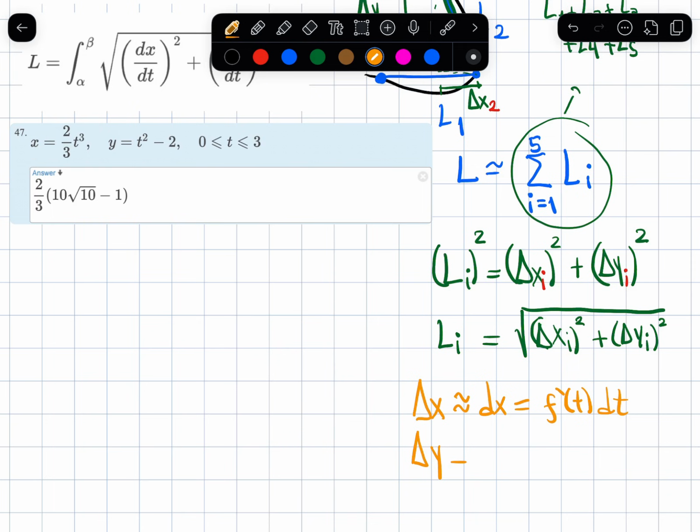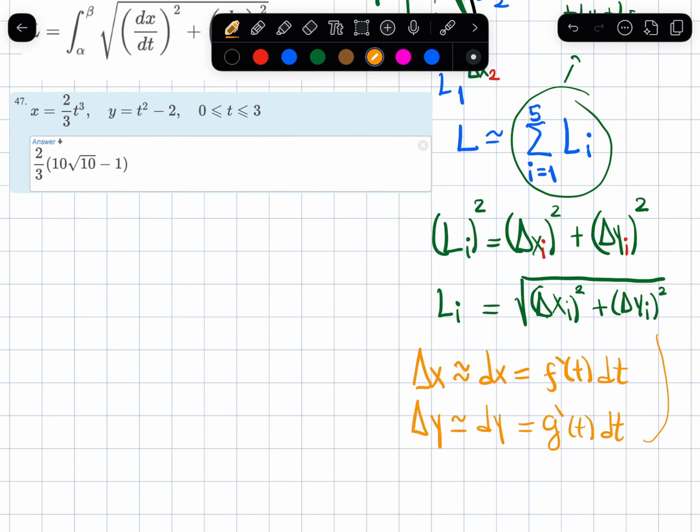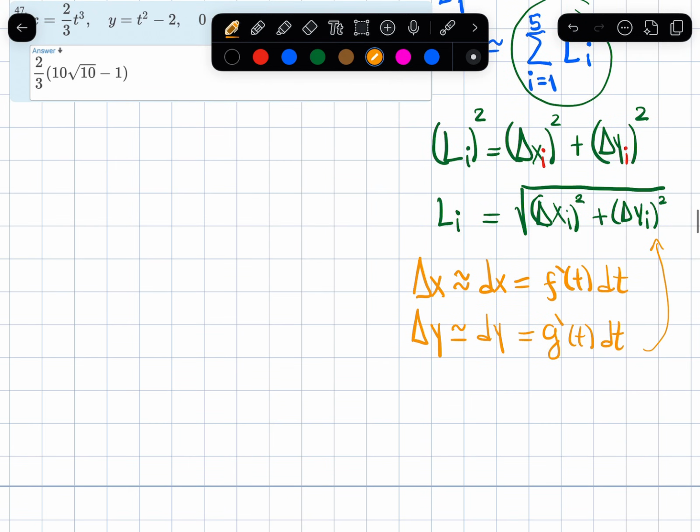And likewise, delta y is going to be approximately dy, which is now g prime of t dt. And when all of that goes back into this, you can say this Li is, so there's going to be a dt squared multiplying both of these.